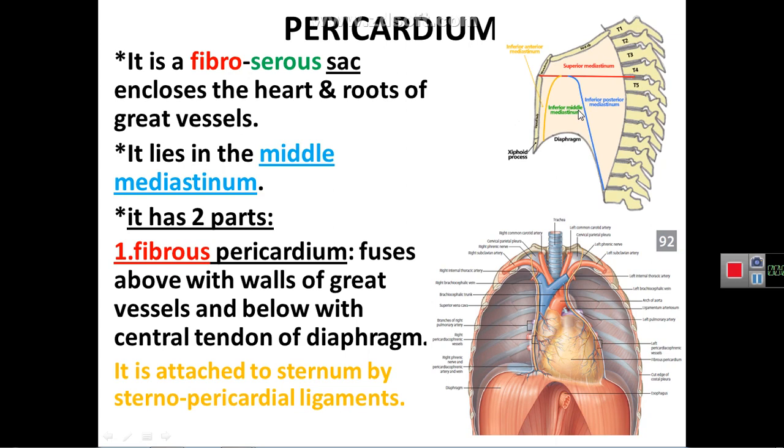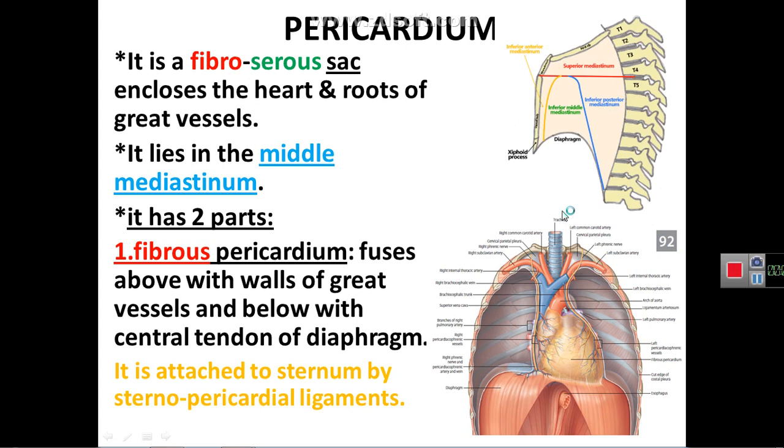And this inferior mediastinum is considered to be formed of three parts. The heart and pericardium is considered as the middle of the inferior mediastinum, and the region between the body of sternum and the heart and pericardium is the anterior part of inferior mediastinum, while the part behind the heart and pericardium is the posterior part of the inferior mediastinum.